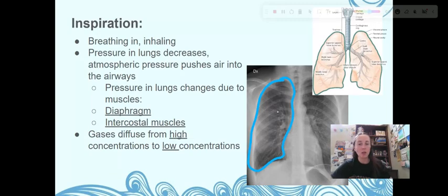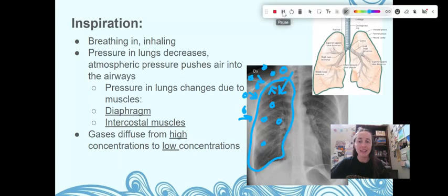There's a low pressure in the lungs. So there's some particles of gas in the lungs, but there's not a lot. There's way more outside. So the pressure in the lungs is some, but it's way less than the pressure that the outside atmosphere is putting on our lungs. When that happens and we open our mouth, air will flood into the lungs, right? Those gas molecules are trying to reach equilibrium, so they will go into the lungs.